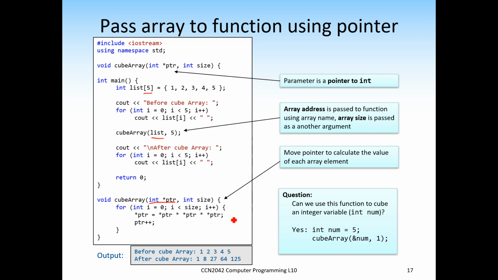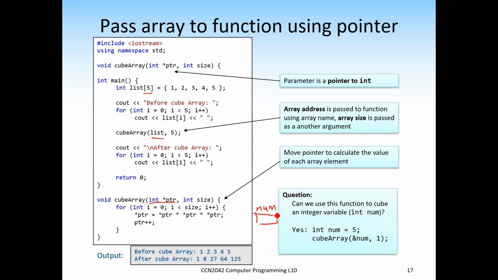So let's take a look at the cube array first. Cube array would get the pointer and then the size. After that, for each pointer location, we dereference it and multiply it 3 times, right? So now, when we pass a num and address out there, it means that inside the memory, what we have is just one num.